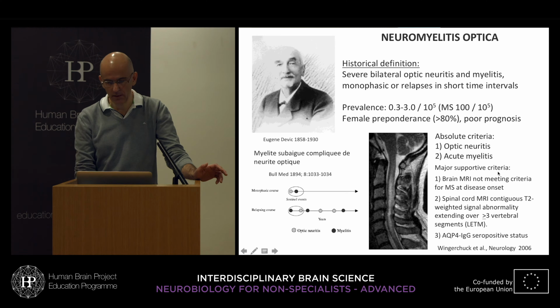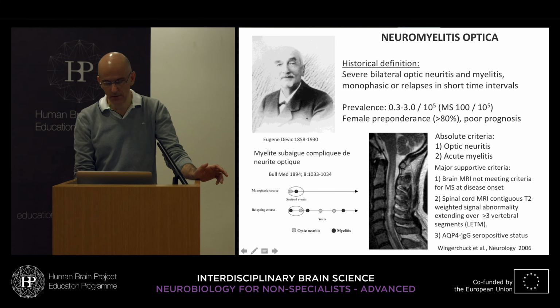According to the old diagnostic criteria, this involves mainly clinical criteria, optic neuritis, myelitis, and supportive criteria, brain MRI not meeting criteria for multiple sclerosis at disease onset. And in the spinal cord, you see this very prominent contiguous T2-weighted signal abnormality, which extends over 3 lesions, so-called longitudinally extensive transverse myelitis.